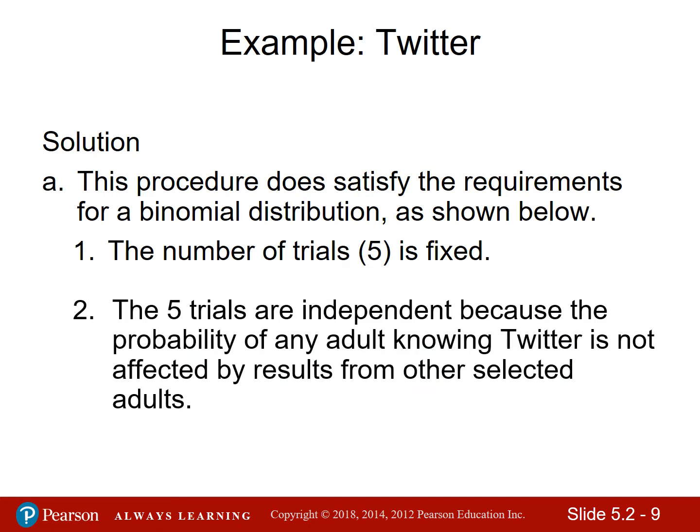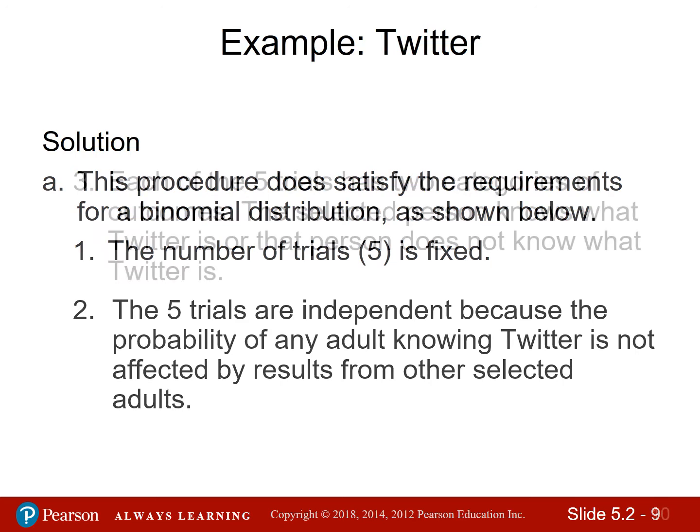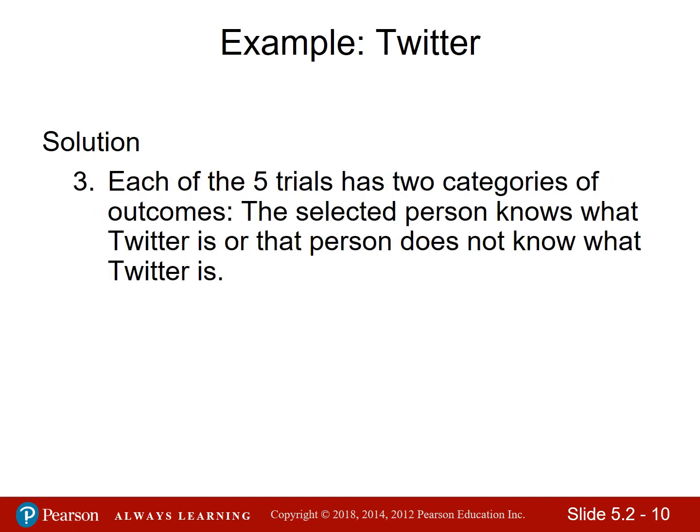Second requirement, the 5 trials are independent. The probability of any adult knowing today is not affected by results from other selected adults. So if one adult knows today, it doesn't mean the other knows because of that. They are independent. Each of the 5 trials has 2 categories: either the person knows or the person does not know.